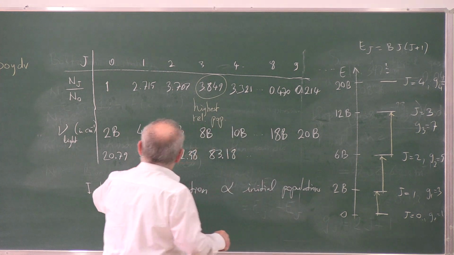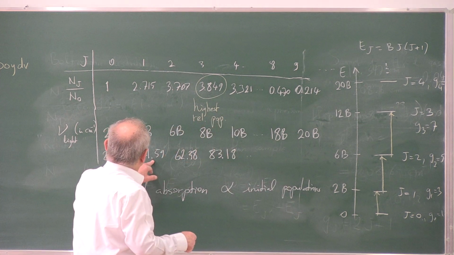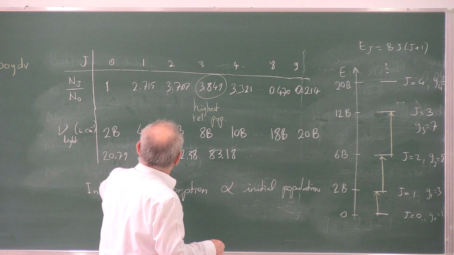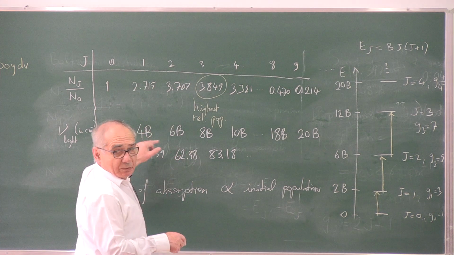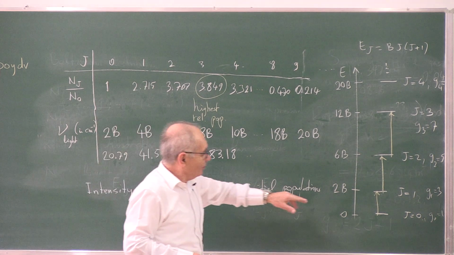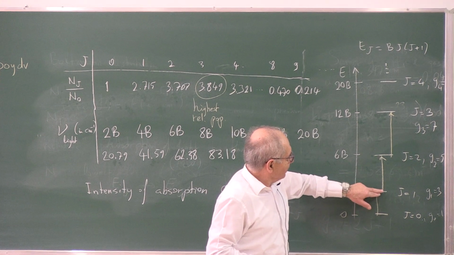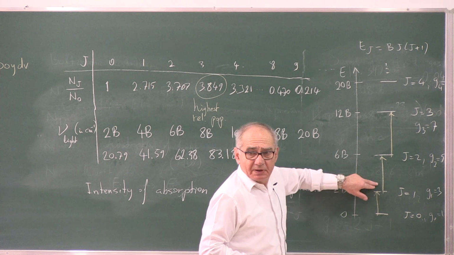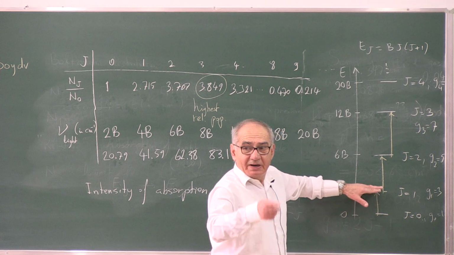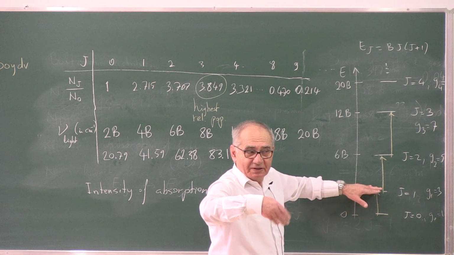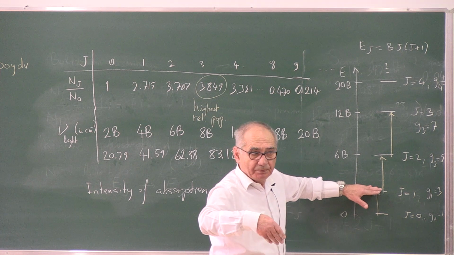This value for the photon, absorbed photon, 41.59. This is from J equals 1 to J equals 2 level. Intensity of this transition from J equals 1 to J equals 2 depends on how many molecules are present in the J equals 1 level.